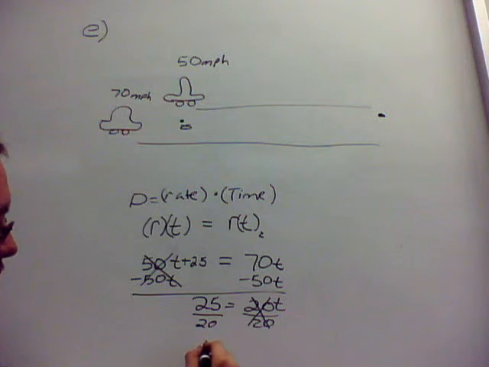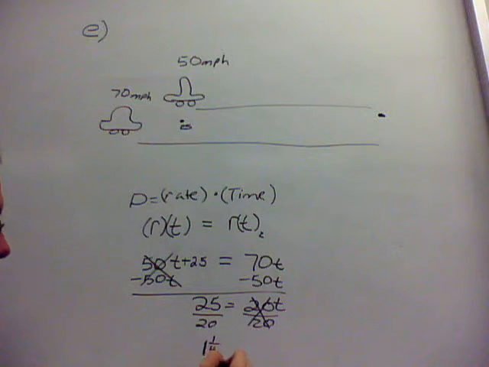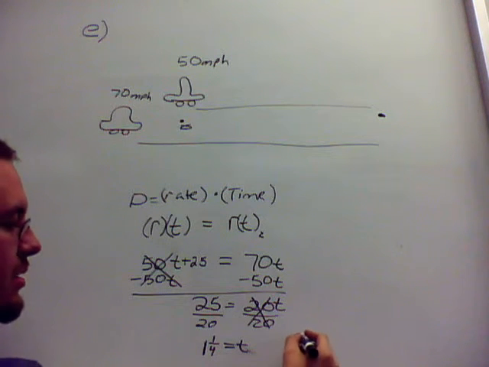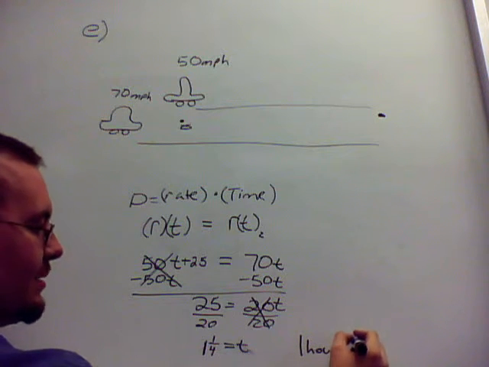What's left, I'm going to change this to an improper fraction. We have 1 and 1/4 hours, equals t. T is time, so 1 and 1/4 hours. 1/4 of an hour is 15 minutes, so 1 hour and 15 minutes.